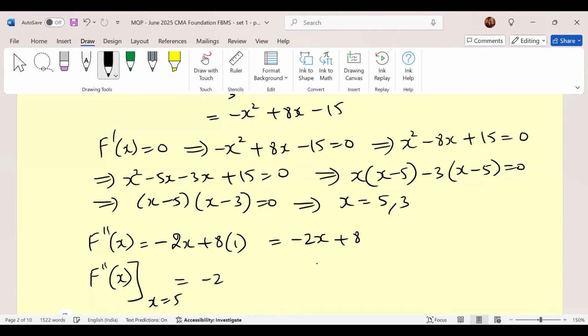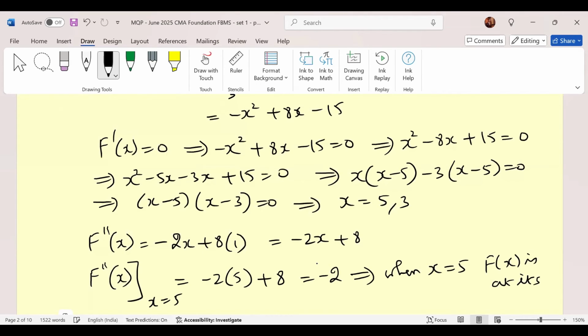That will be negative 2 into 5 plus 8, we get minus 2. This implies that when x is equal to 5, f of x is at its maximum. This is less than 0, for that reason, at its maximum.